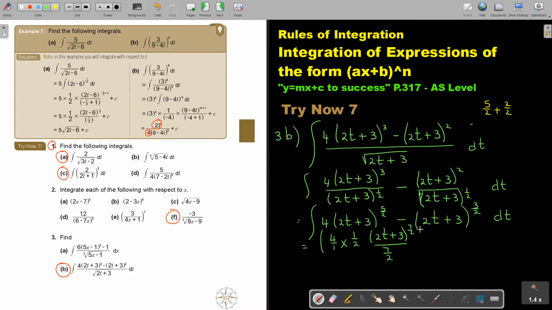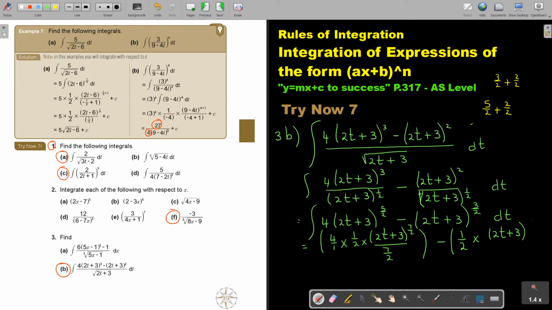Okay, I'm just putting minus. Now I start with this one. Just bracket first. So there's not a constant, so it's 1/2. So this one is going to be multiply. And now it's going to be 2t plus 3, and it's 3/2. So it's going to be 3/2 plus 2/2, which is 5/2.